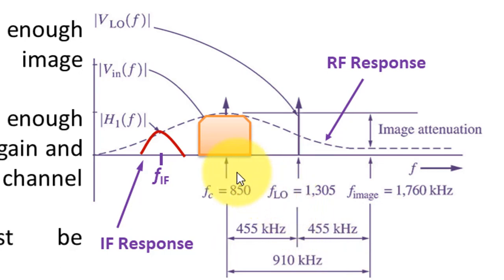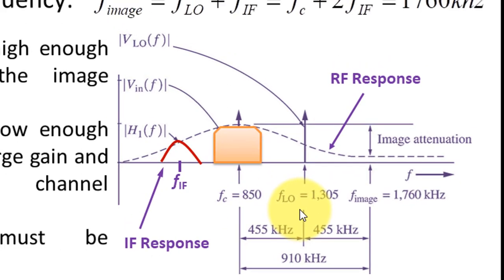If this is the case, then at this point we get the image of that signal, and we can easily observe that the filter gain here is quite low. So in comparison to the signal strength, the image response is small, and we can easily nullify the effect of the image frequency. This is how image frequency rejection takes place.